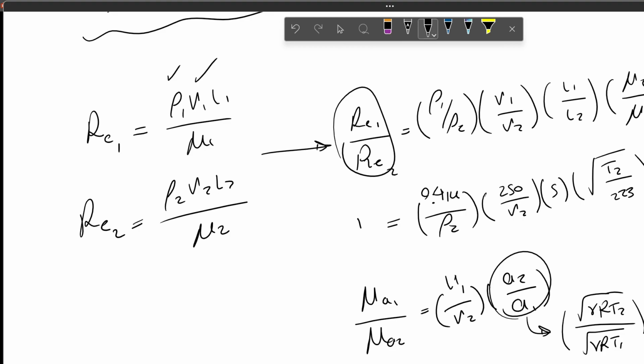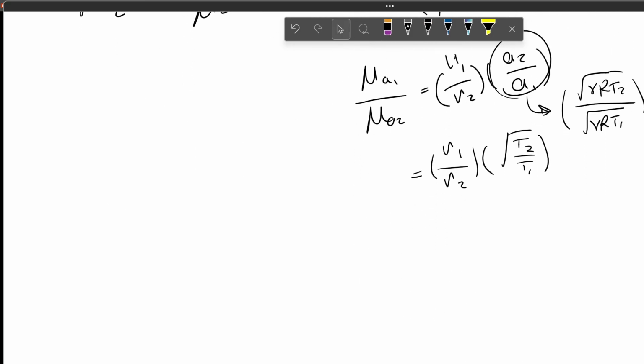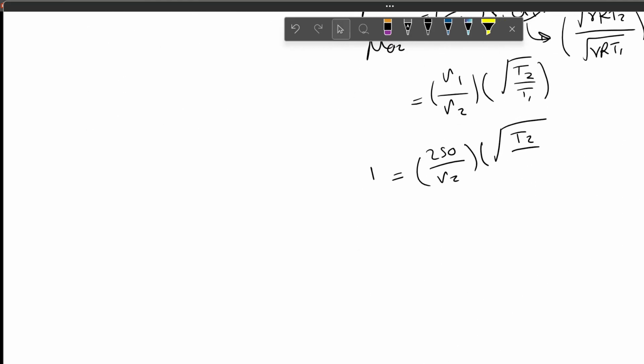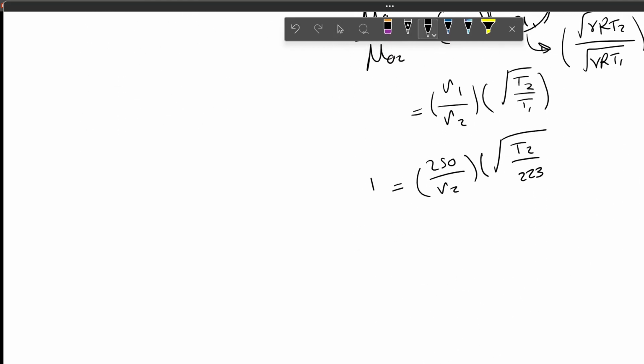Gamma and R are the same because we are flying in air, and the wind tunnel has air as its operating gas. So we can rewrite this as V1 divided by V2 times the square root of T2 divided by T1. Again, Mach numbers have to be equal for dynamic similarity. So 1 equals 250 divided by V2 multiplied by the square root of T2 divided by 223.